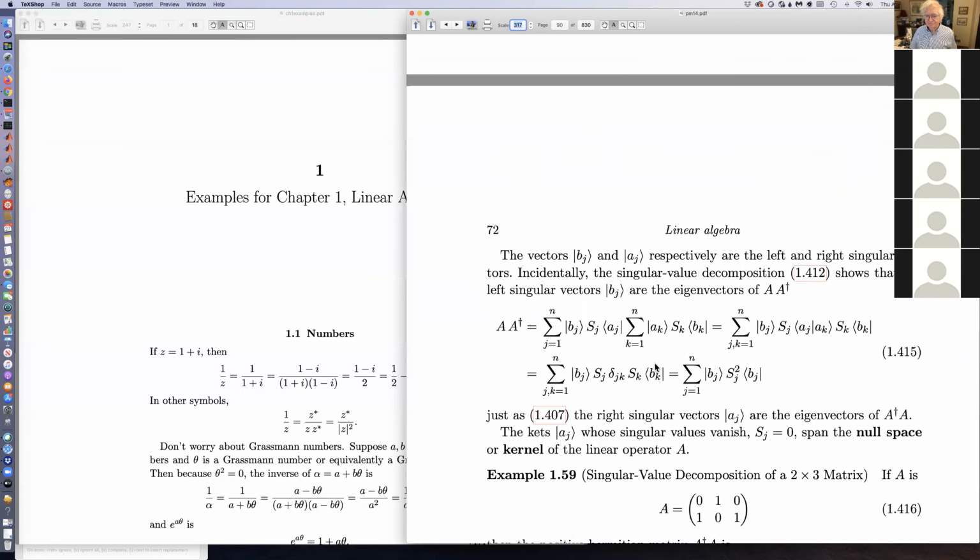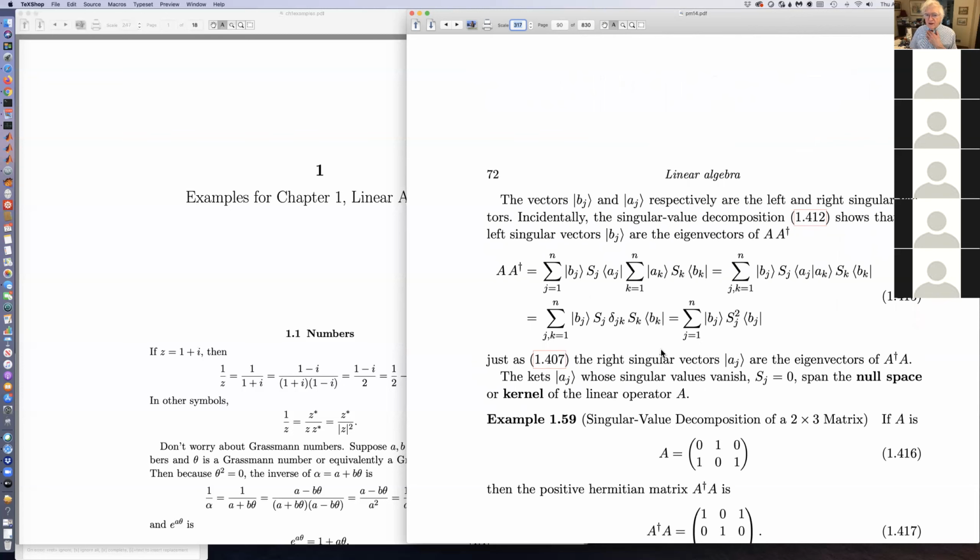Okay. The vectors Bj and Aj are called the left and right singular vectors. And what I should really show here is that the singular value decomposition tells us that the left singular vectors, Bj, are the eigenvectors of A A dagger. And that's because using the singular value decomposition of A, we can see that A A dagger is this times that. The orthogonality pops down to this.